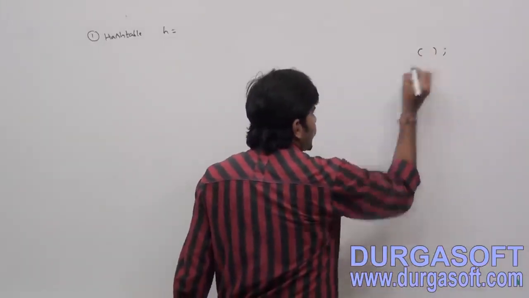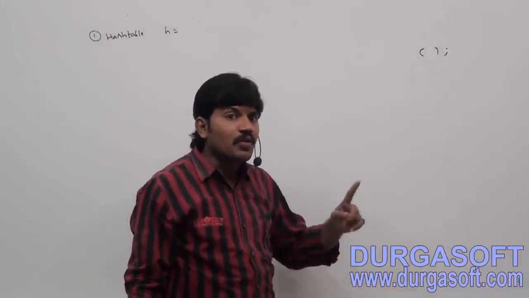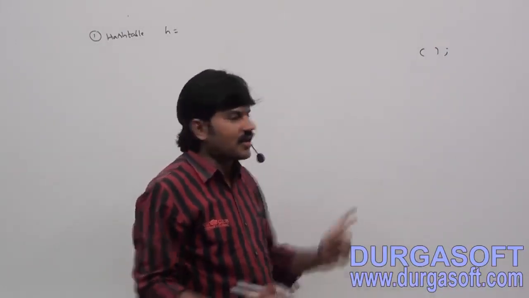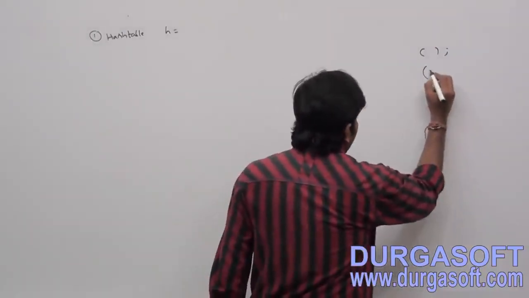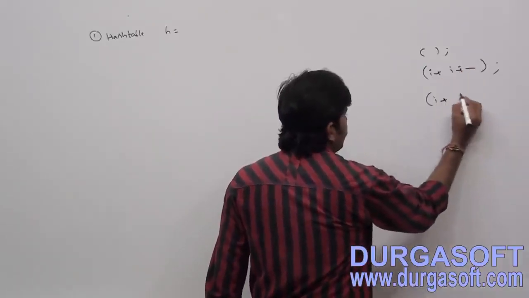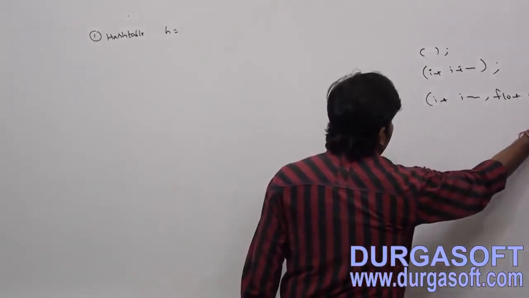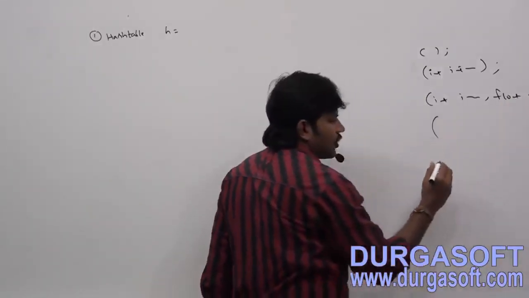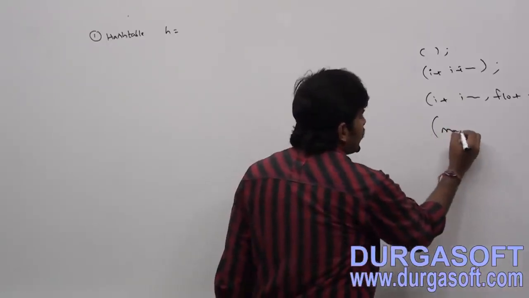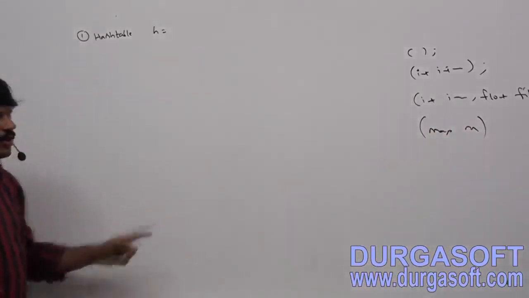The first is default initial capacity and default load factor, because it is a hashing related data structure. Second is int initial capacity. Third is int initial capacity comma float fill ratio. Fourth is the intra conversion between map objects. Same constructors even for a hash table.